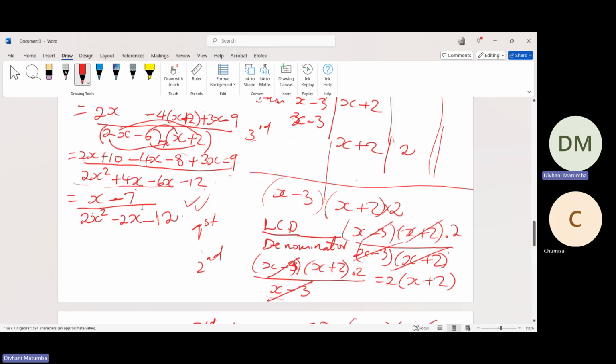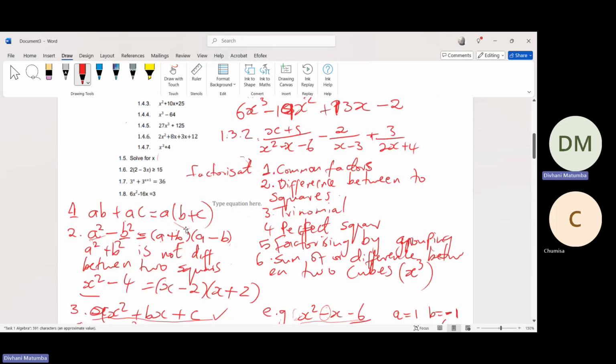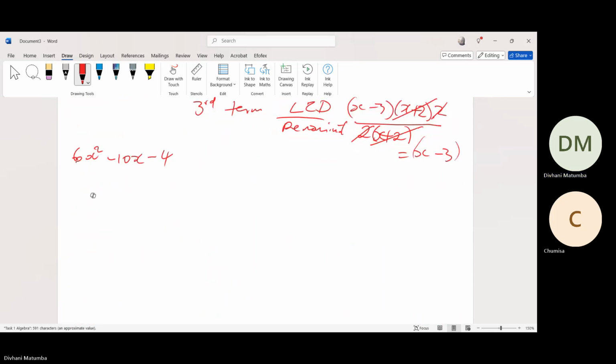Okay, perfect. You said we have to take out the common factor. And I agreed with you. 1.4.1. Okay, what is the common factor?